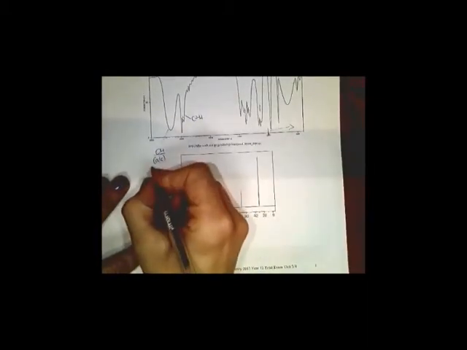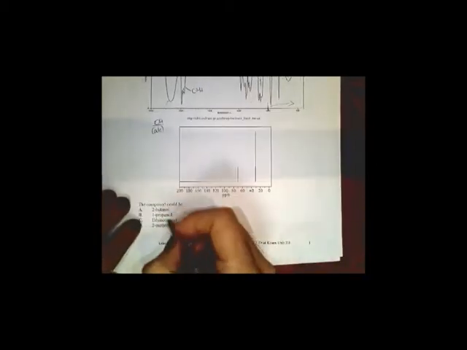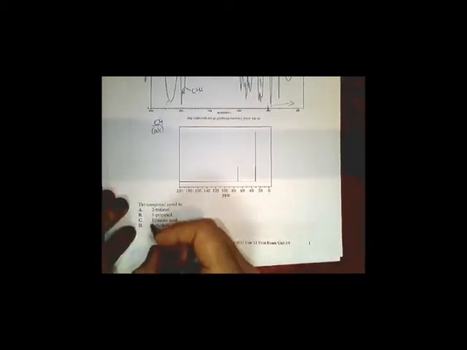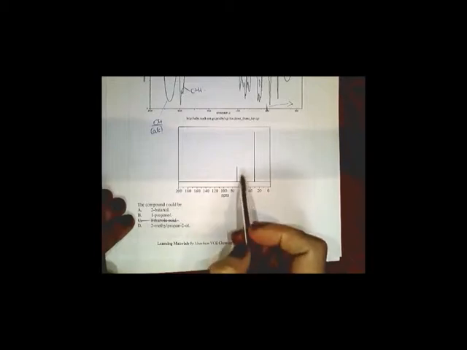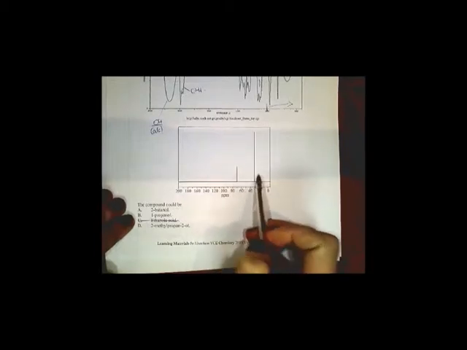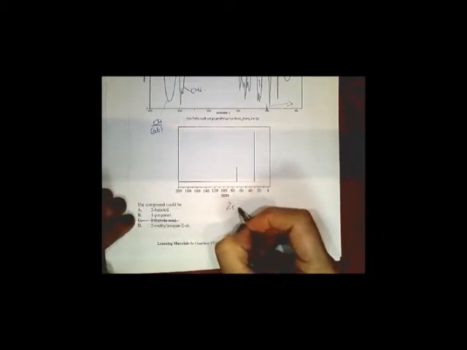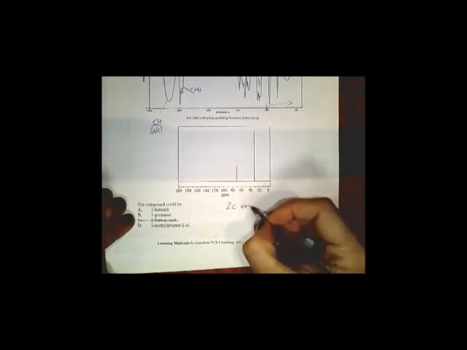We don't have a carboxylic acid, so the first thing I'd do is have a look at our options, and we have ethanoic acid here, so I would say that's a definite no. Also, if we look at the carbon NMR spectrum, we have two distinct peaks, meaning that we have two carbon environments.